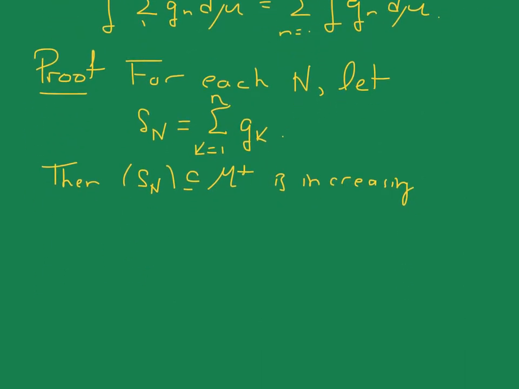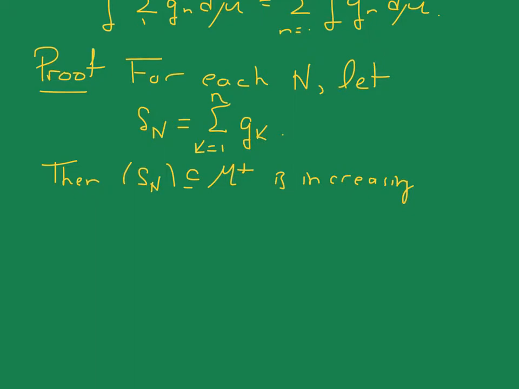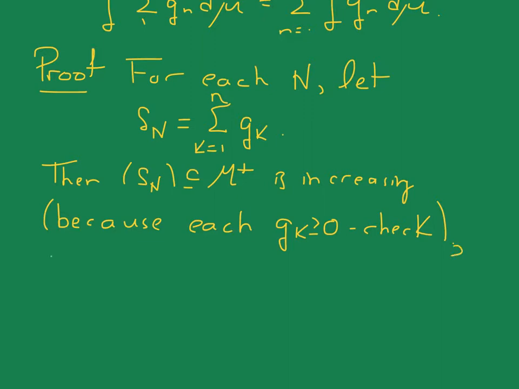So it's increasing, as we said, because each g sub k is greater than or equal to 0. If you want, you can check that. All right, well, what else is true?